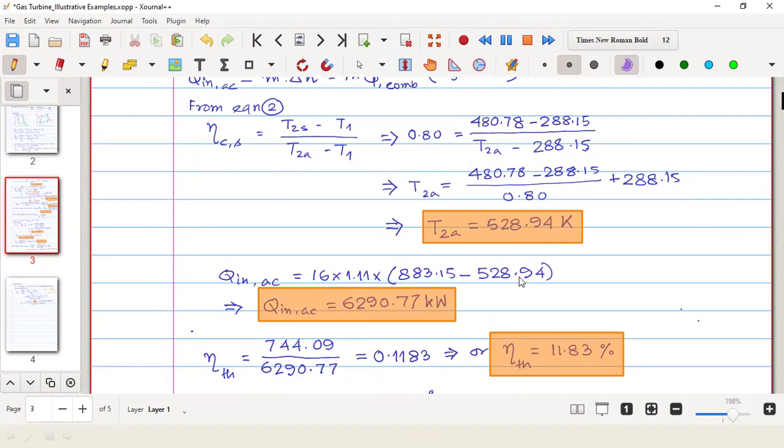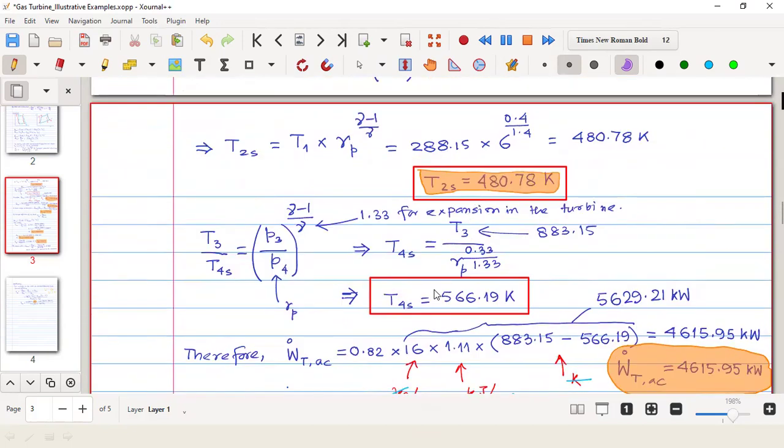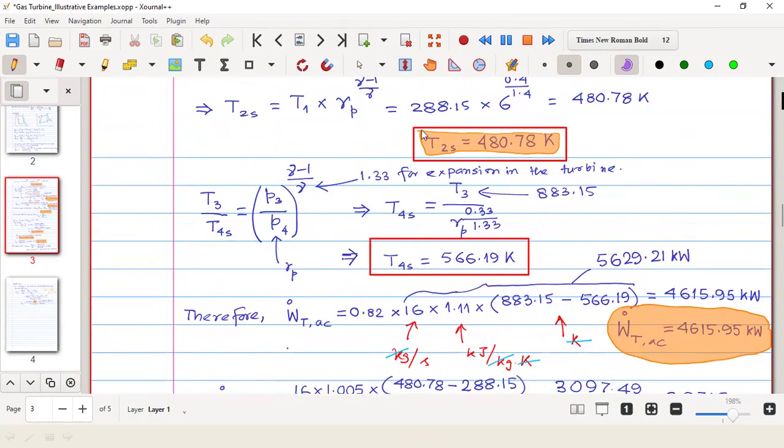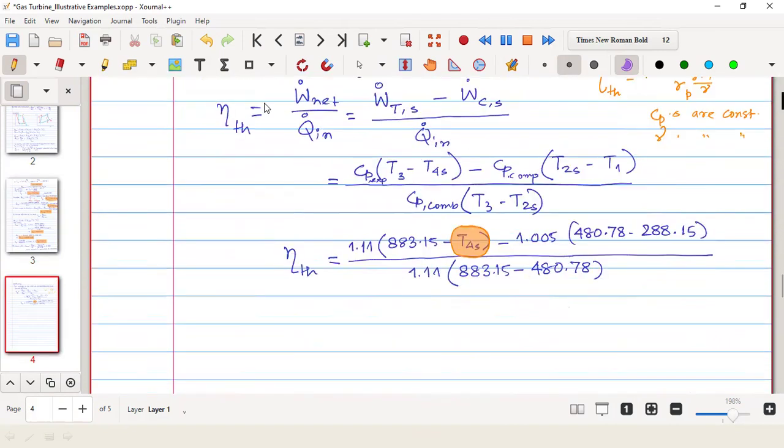So yes, T4s is determined. It is 566.19. We have already determined that. Now we can put it here, 566.19.